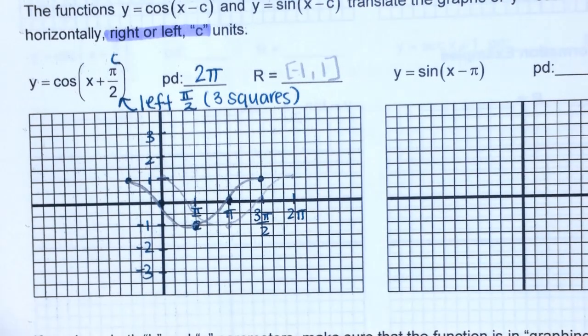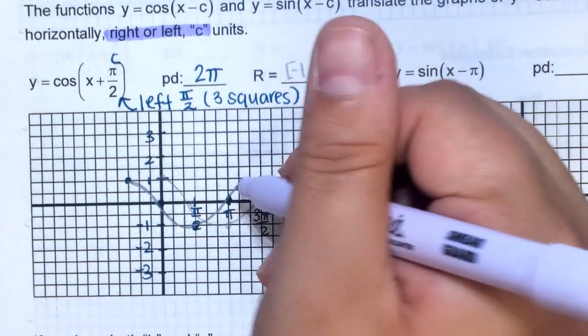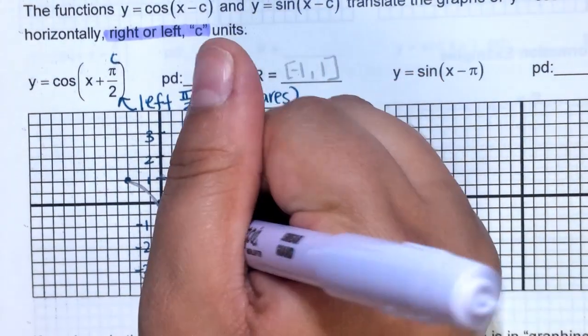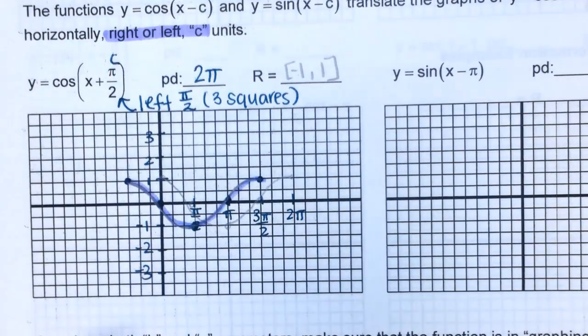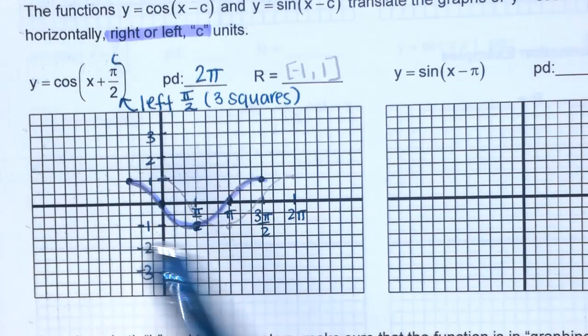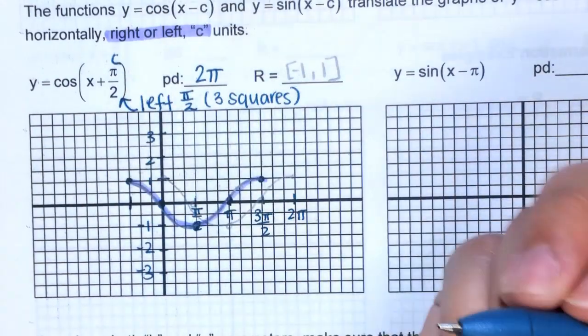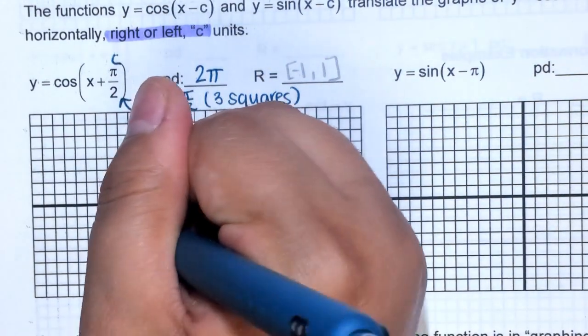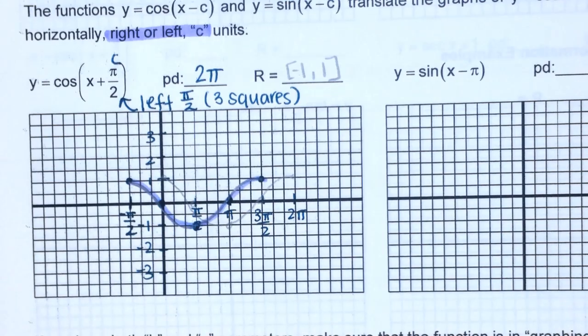Now, I would count points off of this graph if you didn't label it. I don't have a label on this point right here. What point is that? Negative pi over 2. Make sure that all of your points have a label.